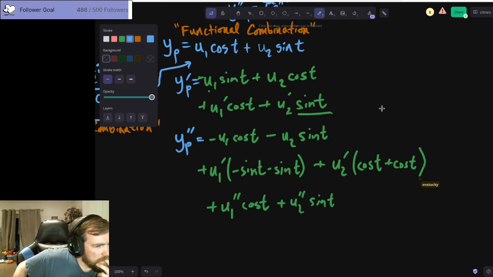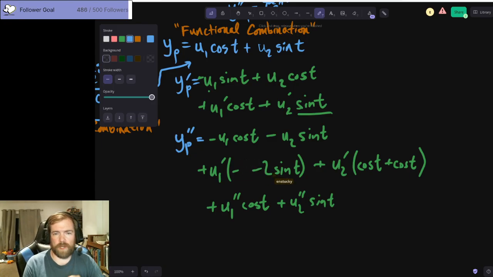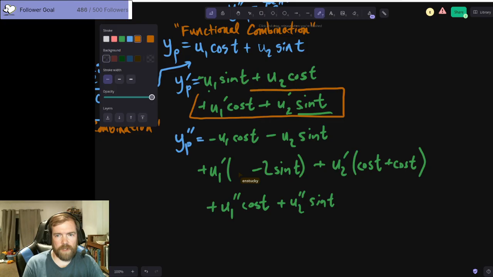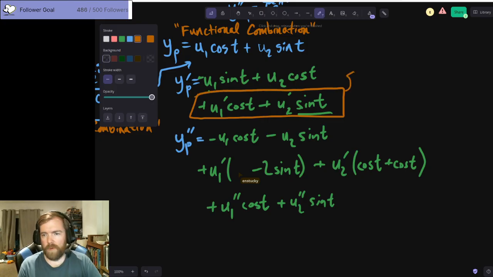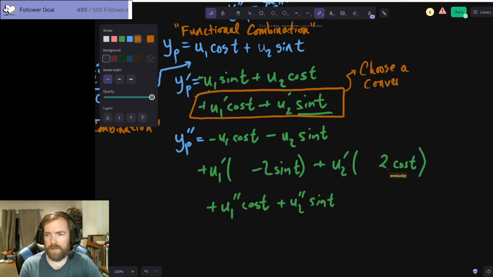Let me just... All right, so I will say one quick thing, that at this point, right here, in our first derivative, what we can do is actually choose a convenient value, or initial condition, such that u1 prime cosine of t plus u2 prime sine of t... Oh dear, hang on.